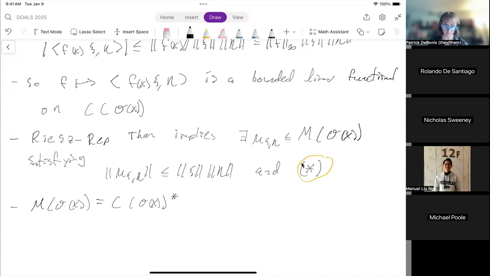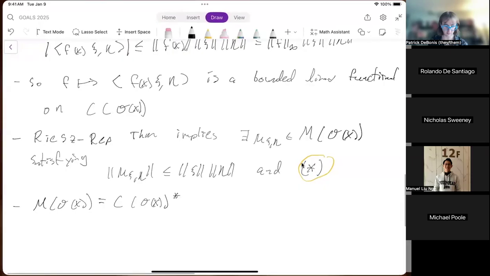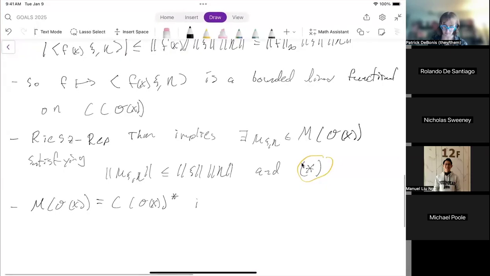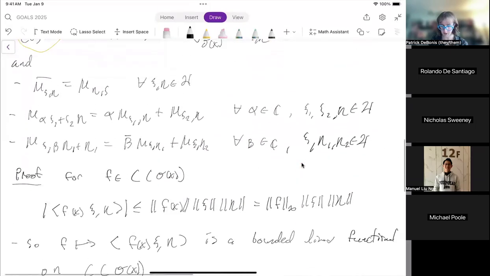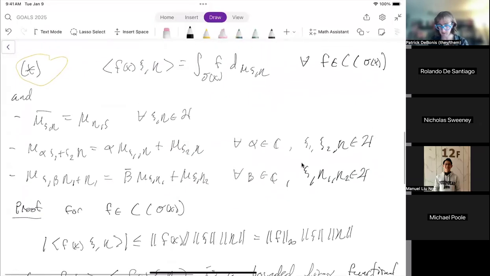And then that property is going to imply that this measure is uniquely determined by star, which again is the equation up here, that the inner product comes from integration.